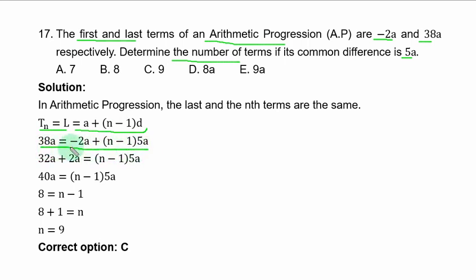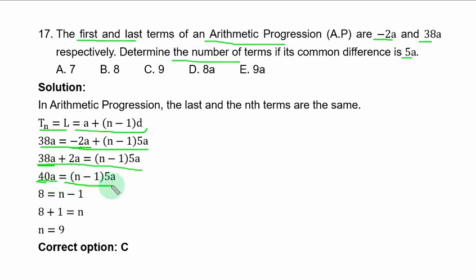You replace the respective parameters with what they stand for except for n. If you transfer this term first, you have it in this form. After addition, you have 40a. Here it is 38, not 32. So after addition, you have 40a equal to this.